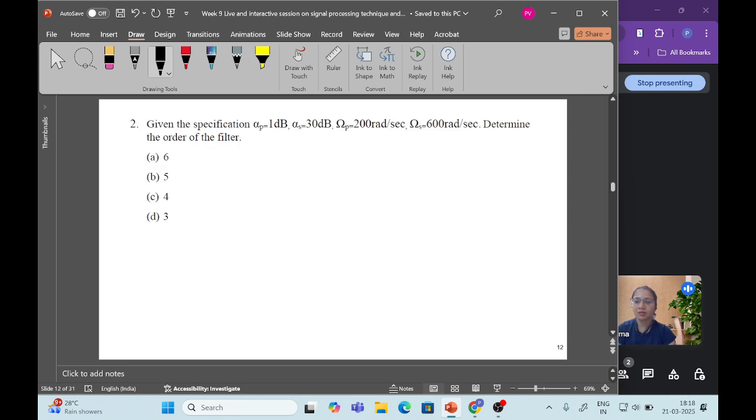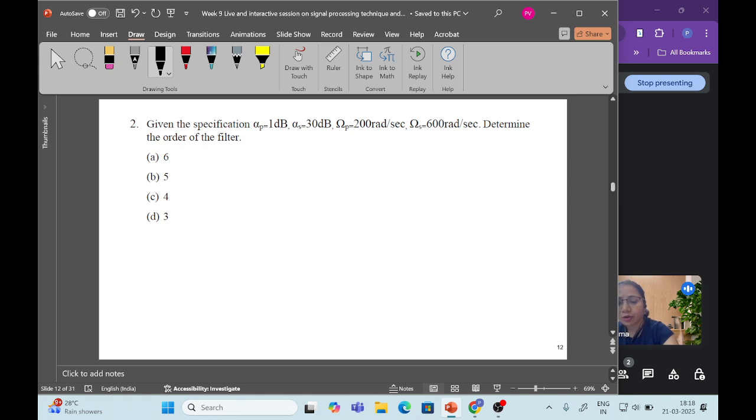How can we determine the order of that filter? Here αp, αs, Ωp and Ωs are given.